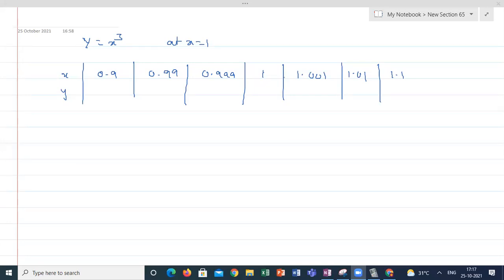If I am substituting 0.9 in x cube, what is 0.9 cube?